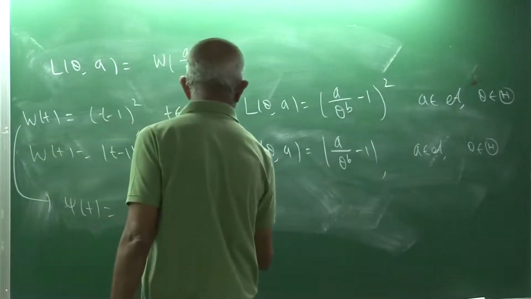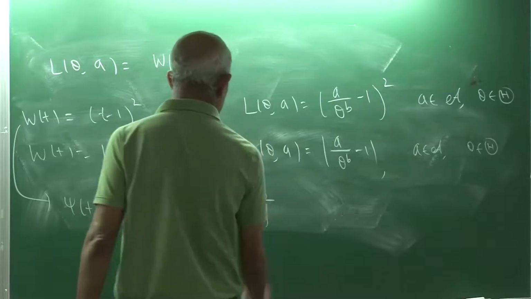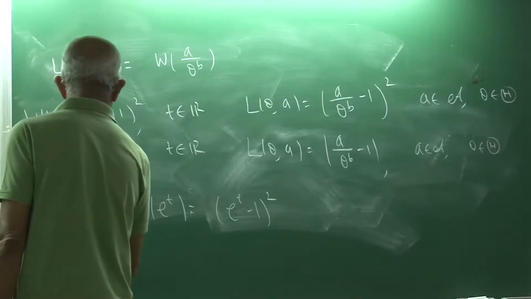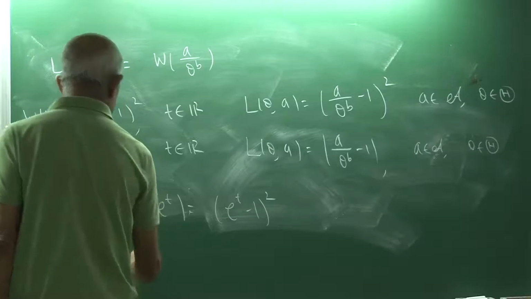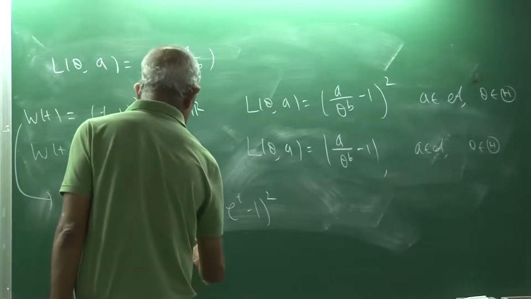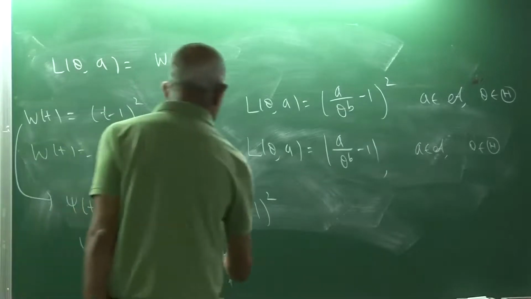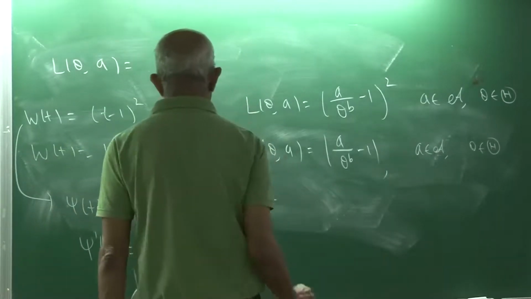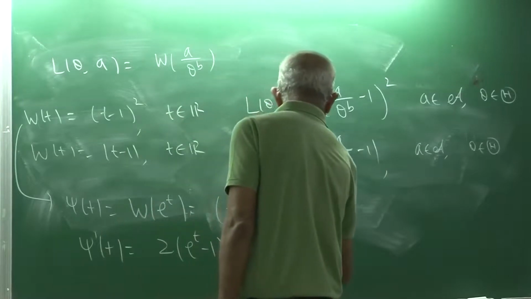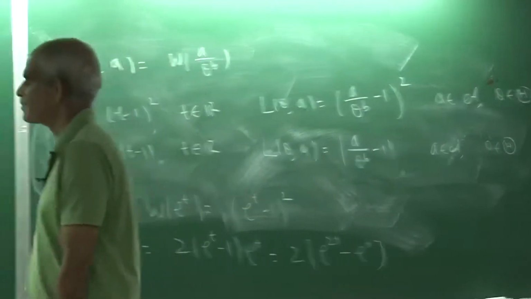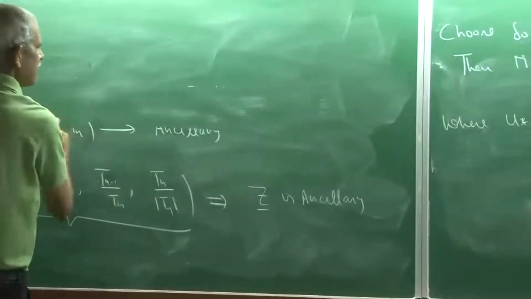This is the same as e to power t minus 1 whole square. What I have to see is that it should be convex and non-monotone. So psi prime t turns out to be 2 times e to power t minus 1 into e to power t, which is nothing but 2 times e to power 2t minus e to power t. I can take the double derivative to determine the convexity.